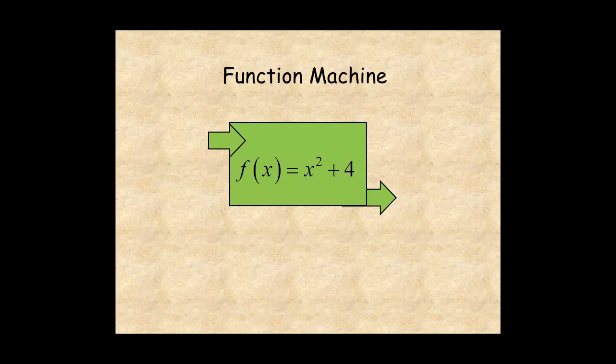For example, if the input is x equals 4, the output is f of x equals 20. Notice that if the input is x equals negative 4, the output is the same. The square of 4 and negative 4 are both positive 16.